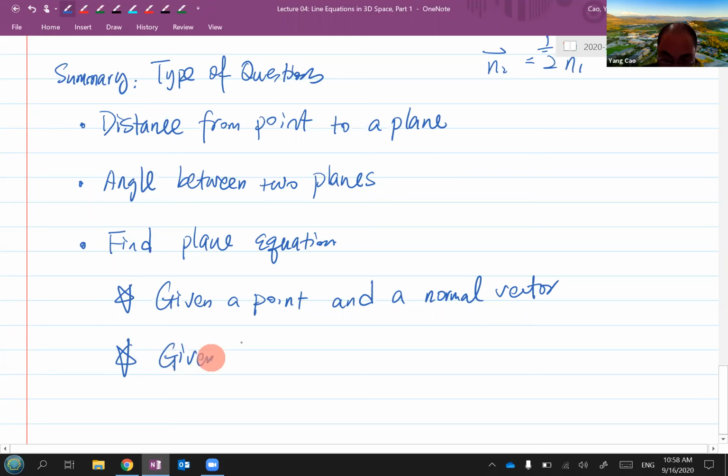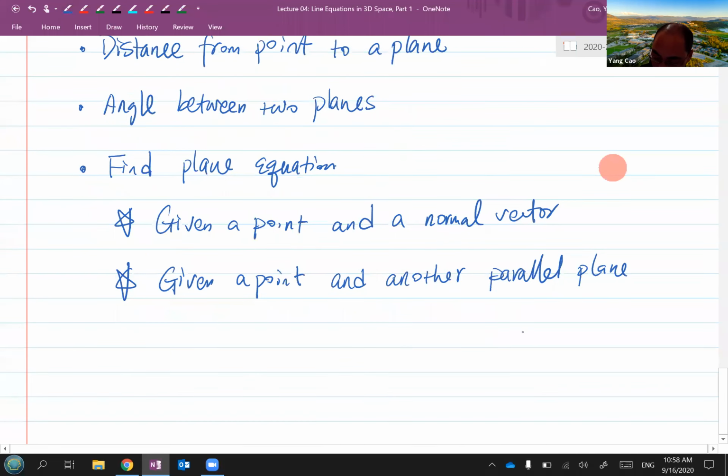And the other one, maybe you get a point, and instead of a normal vector, you will probably be given another parallel plane. So basically you have a plane here, this is the question mark, and this is a given.